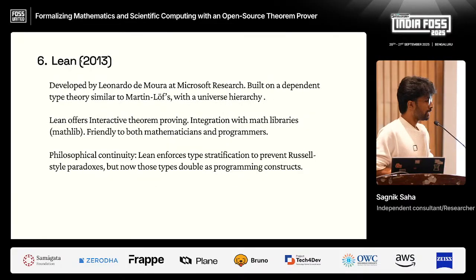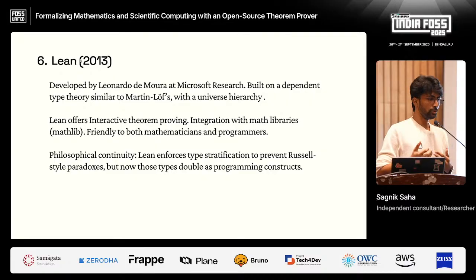So Lean came up in 2013. It was developed by Leonardo inside Microsoft Research, and Lean is still supported heavily by Microsoft Research. It offers interactive theorem proving. It's a functional programming language, so whenever you use Lean, you get immediate compile actions.